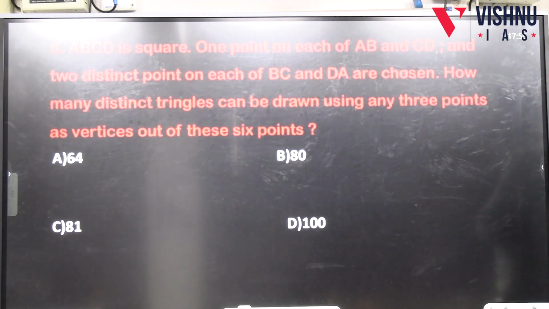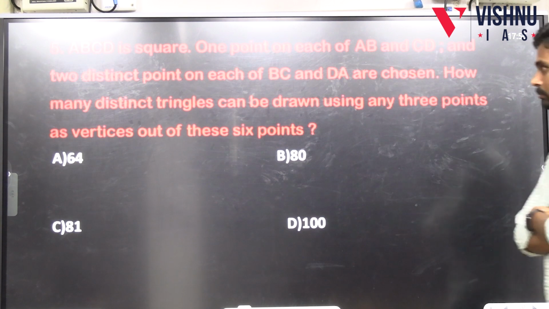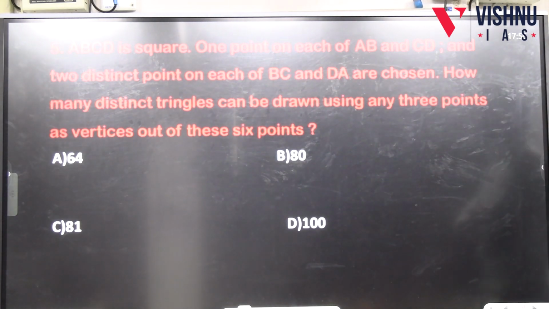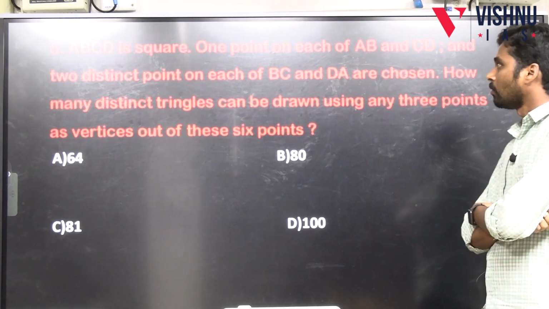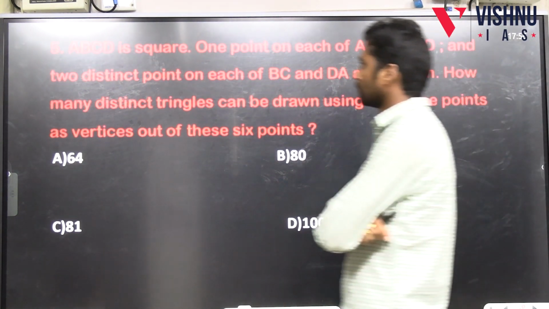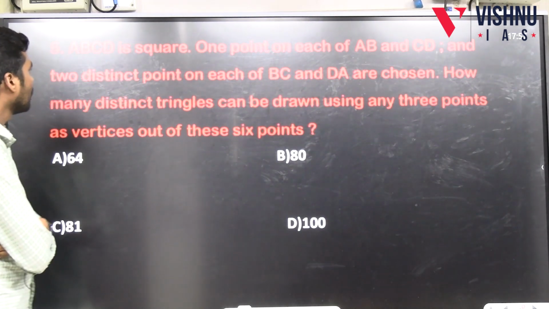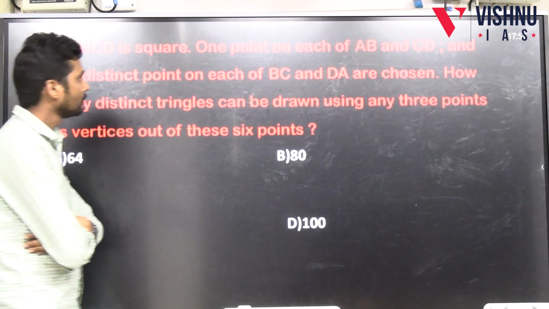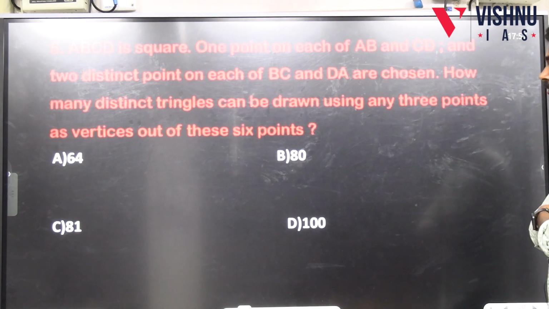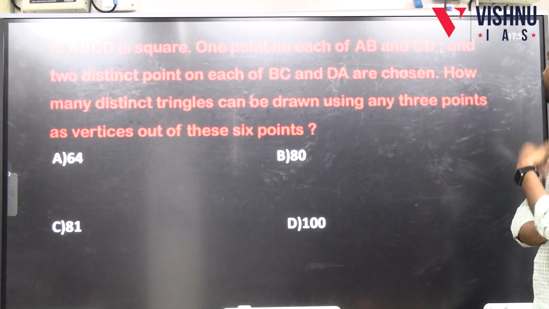One point on each of AB and CD. And two different points, two distinct points on each of BC and DA are chosen.